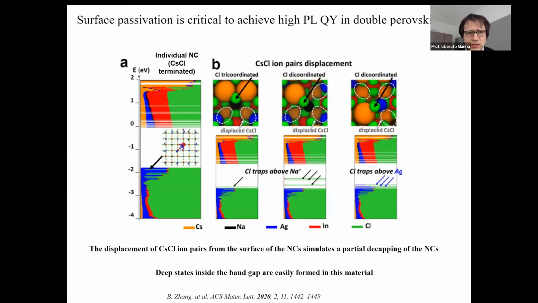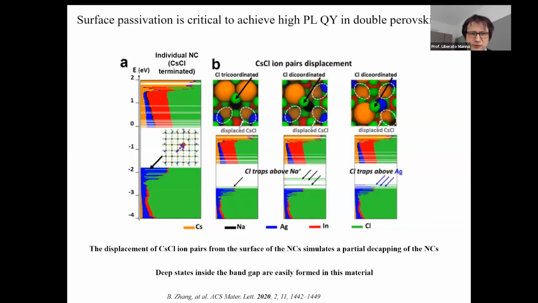What we did now, as you see in panel B, we started removing cesium chloride ion pairs, simulating the removal of ligands from the surface of the nanocrystals. And we monitor, as you see in this sketch here, the trap states by looking at this chloride ion sitting on top of a silver ion.